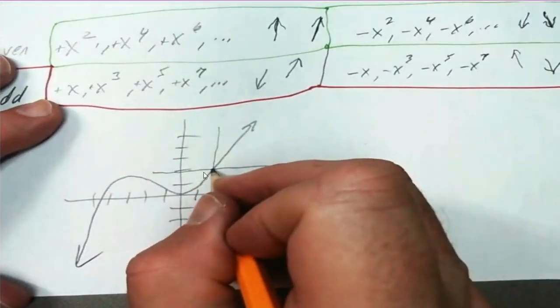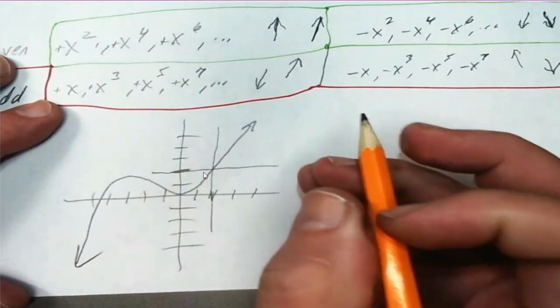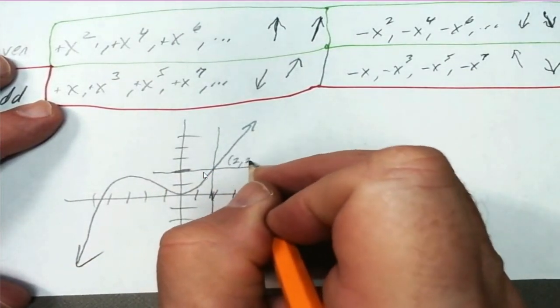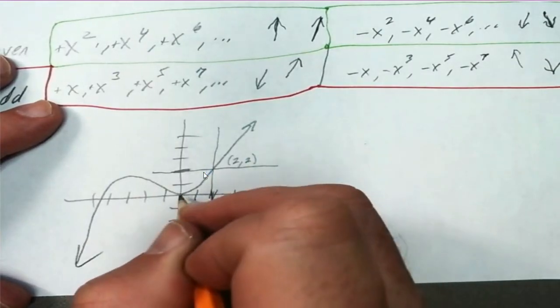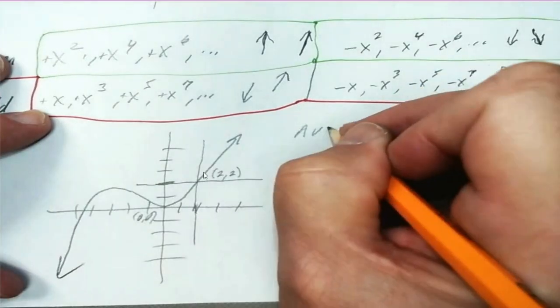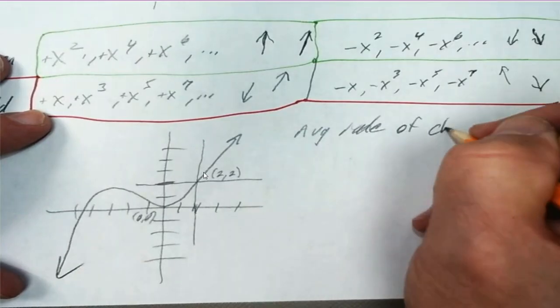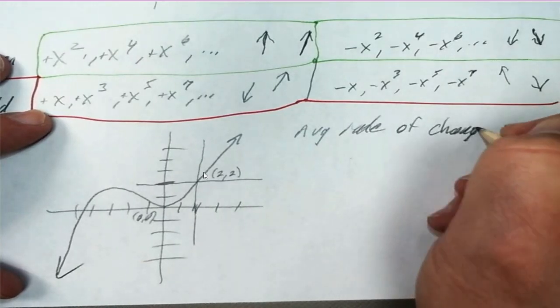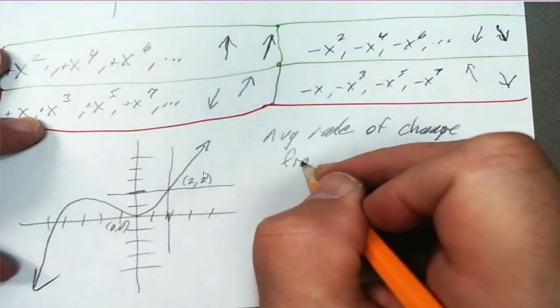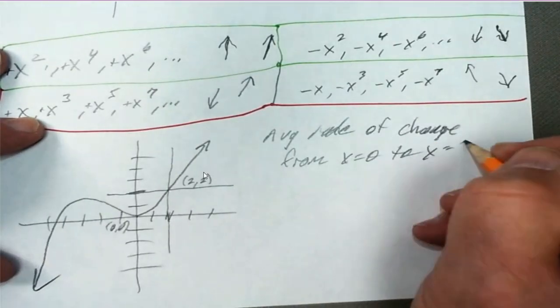So this is the point 2, 2. See, there's a 2, there's a 2. So this is the point 2, 2. And it goes to the origin right here at 0, 0. And then it wants to know what is the average rate of change from x equals 0 to x equals 2.